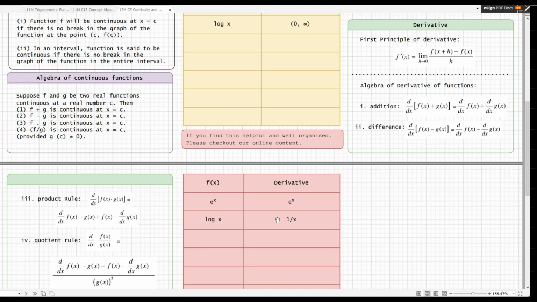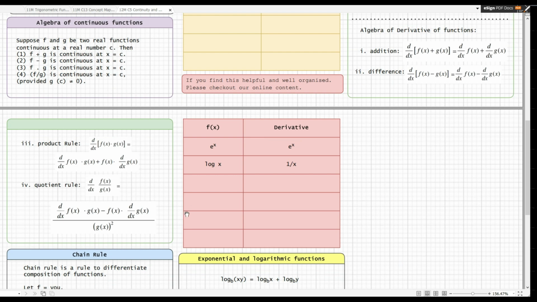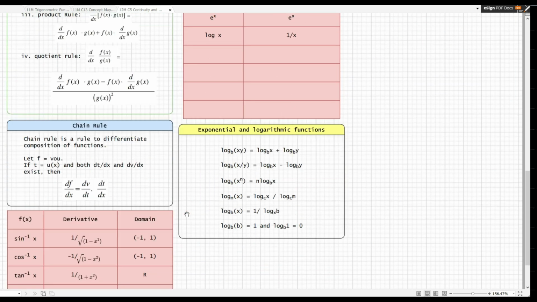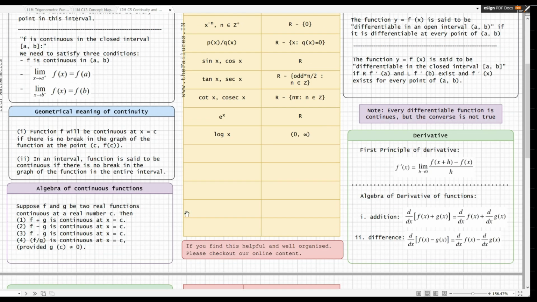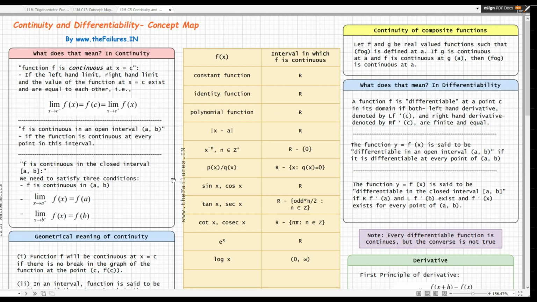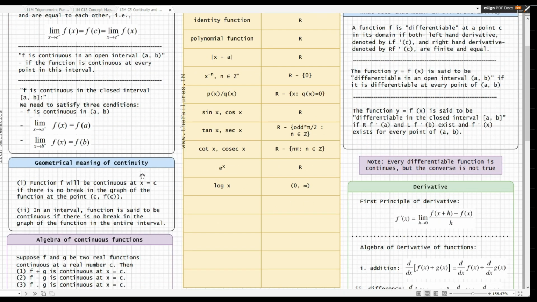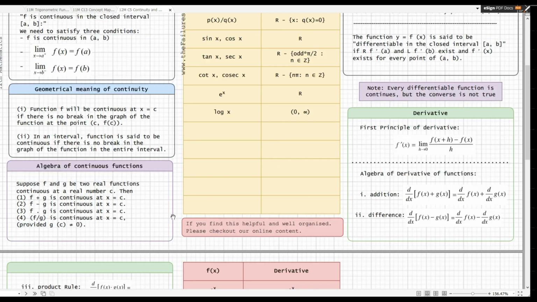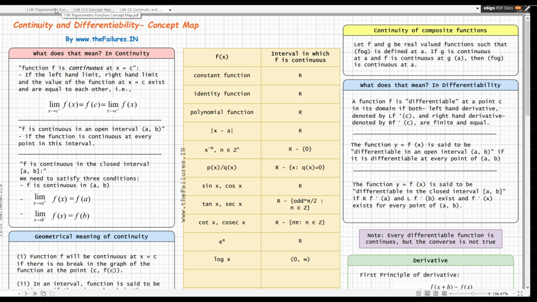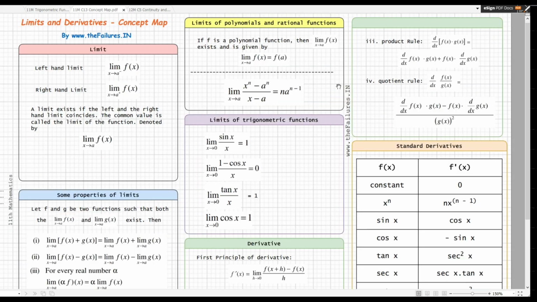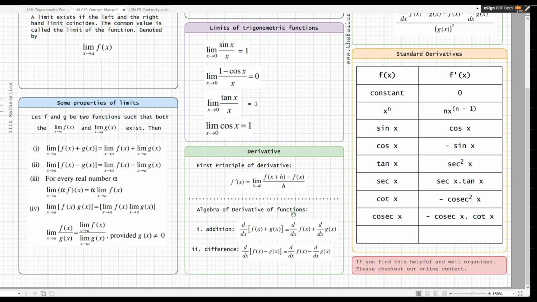The formula is somewhere. Okay, not able to find that out. Okay, so it's there somewhere though. You guys have seen this. Limits and derivatives, yeah, it will be over here. In limits, we have seen this.